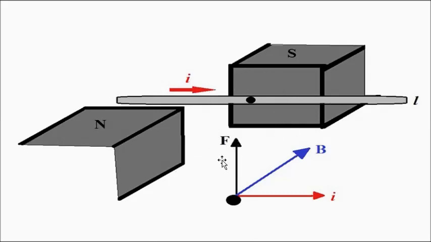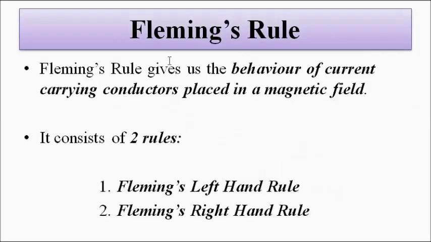Another important rule when it comes to the principle of operation of electromagnetic devices is Fleming's rule, which gives us the behavior of current carrying conductors placed in a magnetic field, and is in one way or the other related to Maxwell's law. There are two rules, Fleming's left hand rule and right hand rule.